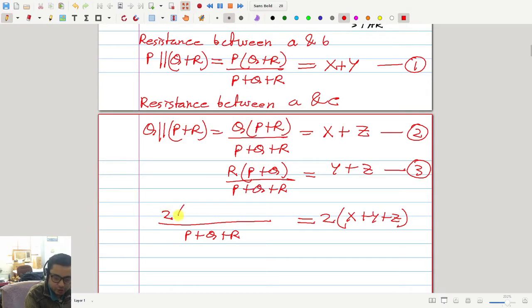So you will get 2 times PQ plus QR plus RP. Okay, now you can cancel this 2 and this 2.